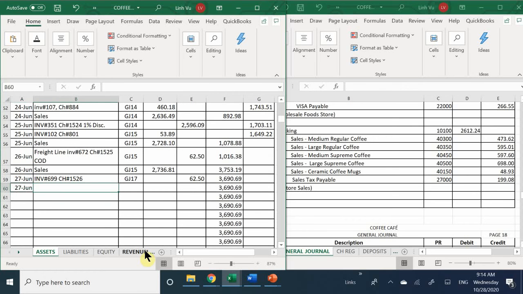That would be the 27th. So we just ran out of lines, so are we starting a new page? We haven't started the new one yet, so we're still on 17. That would be 2,600.